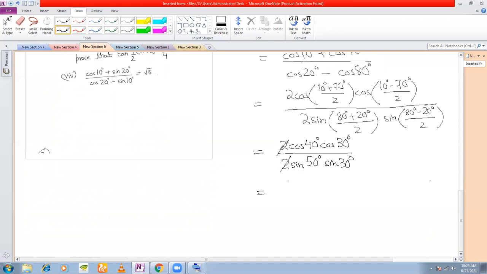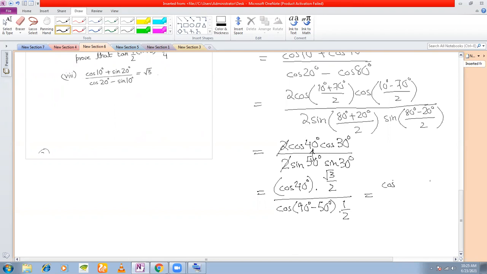And you see cos 40 and sin 50, the sum of these two angles is 90 degree. That means you can write cos 40 as it is, and cos 30 value is root 3 by 2, divided by sin 50. Sin 50 you change to cos (90 degree minus 50 degree), which is cos 40, and sin 30 value is half.